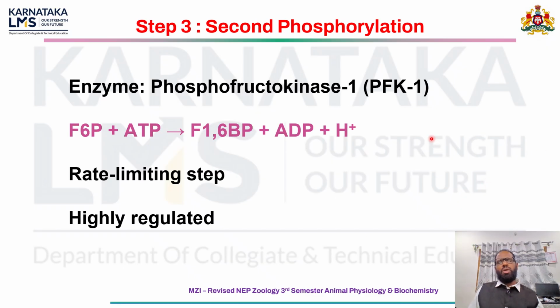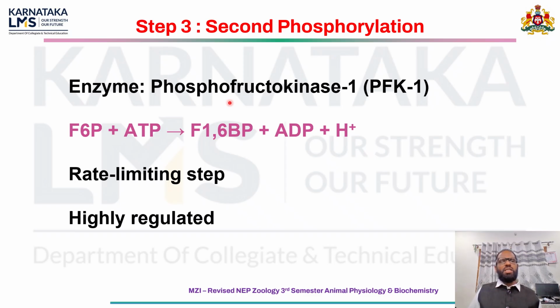The next important reaction is the second phosphorylation. In the first phosphorylation, we already discussed that glucose gets phosphorylated to form glucose 6-phosphate. Now in the third reaction, which is very, very important, a second phosphorylation occurs, catalyzed by an enzyme called phosphofructokinase 1, PFK1.